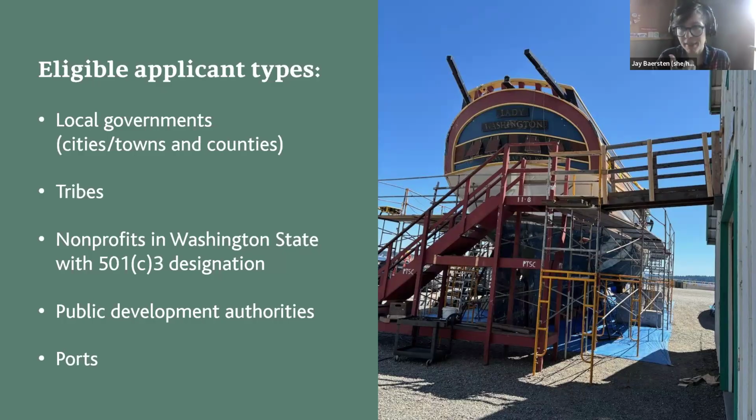A local government, this could be a city, a town, or a county. A tribe, this can be a nonprofit that the tribe runs or a tribal government. Nonprofits in Washington State more broadly, and you must have that federal 501c3 designation. If you do not have it, you are not an eligible applicant.